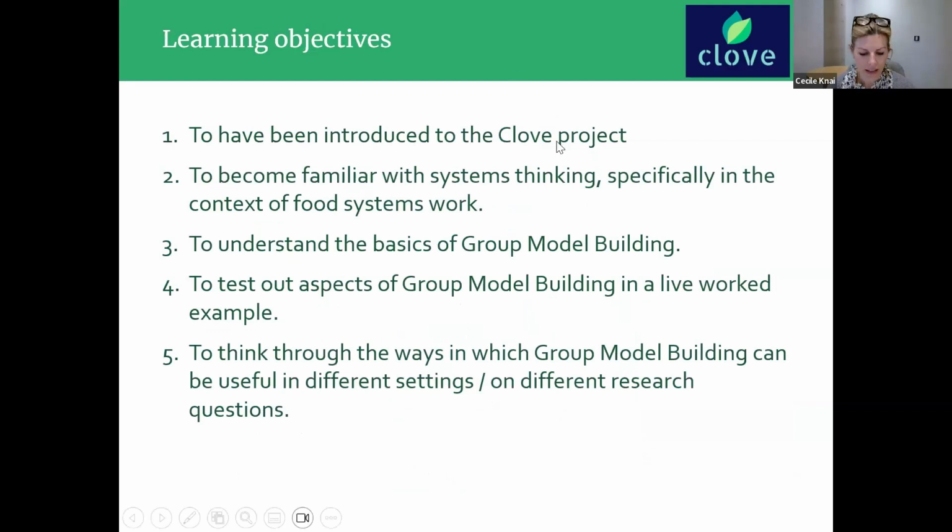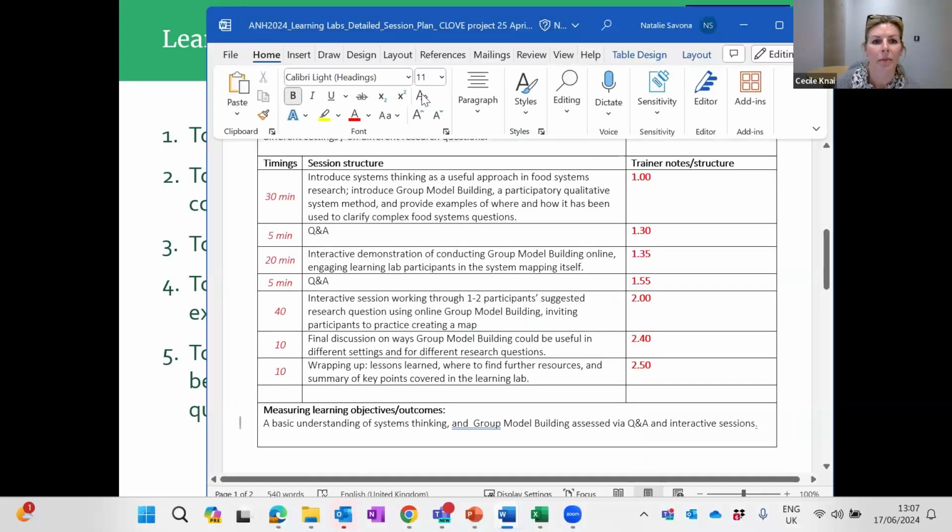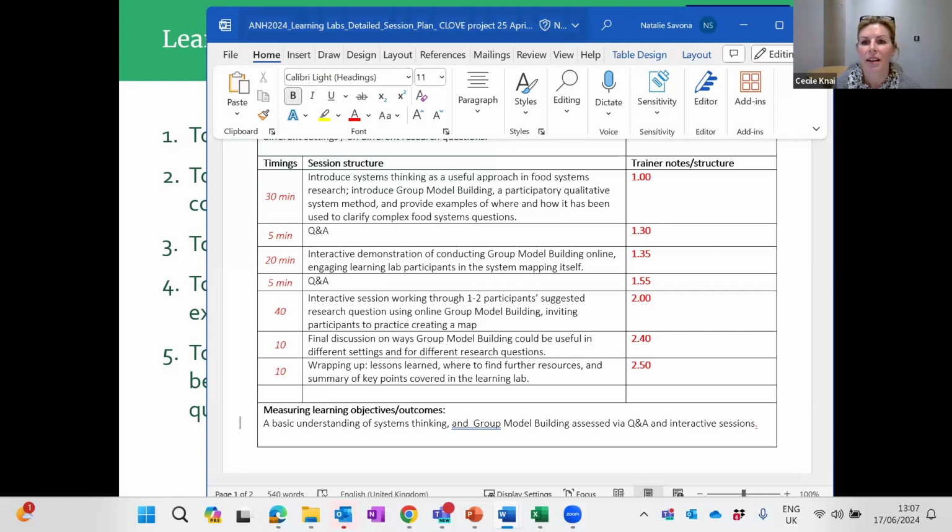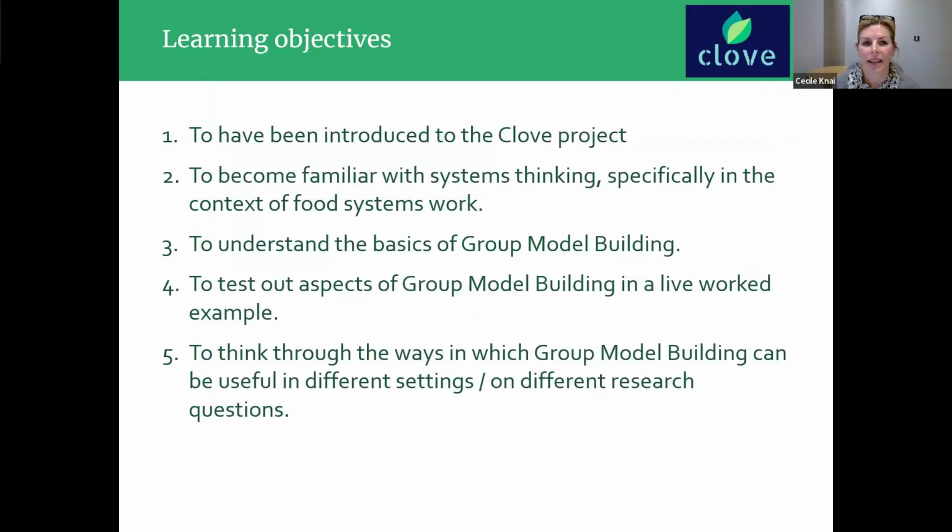And so the learning objectives for today's session are about briefly introducing the project itself, which we are calling the CLOVE project. And then to become familiar with systems thinking. And that's really going to be through the demonstration of group model building.